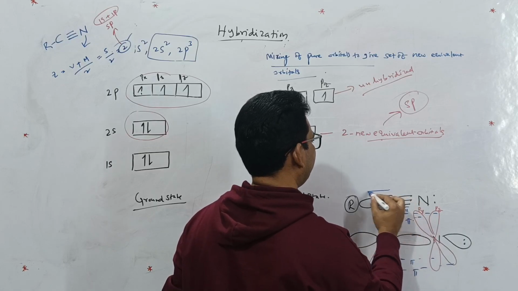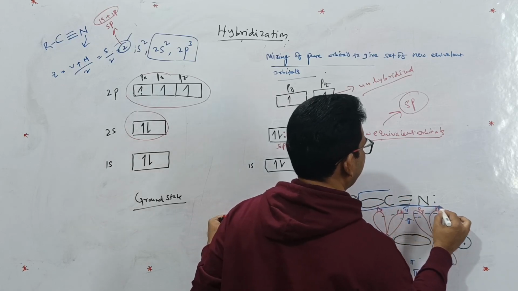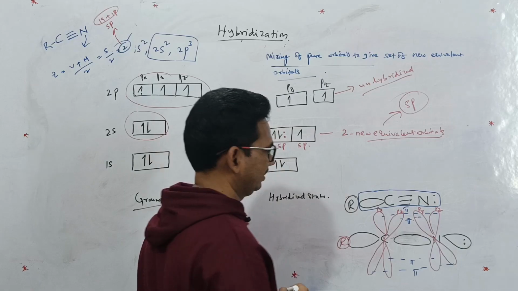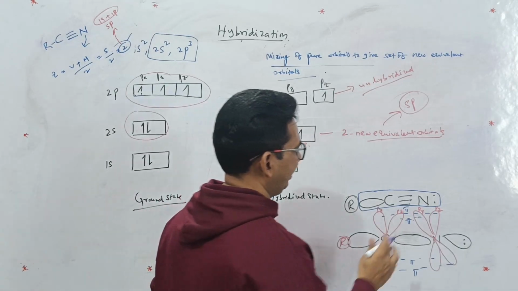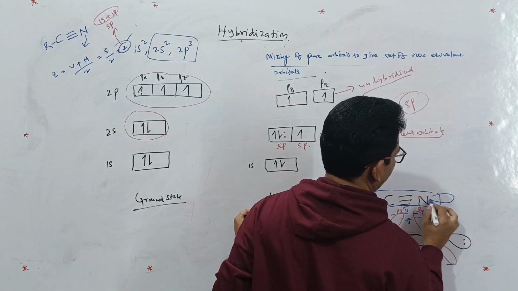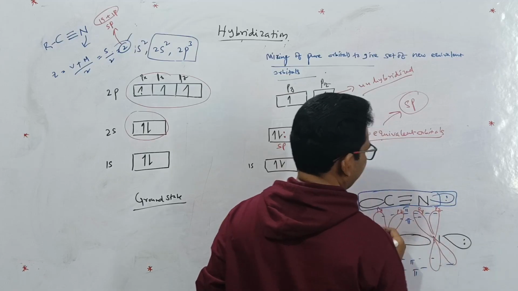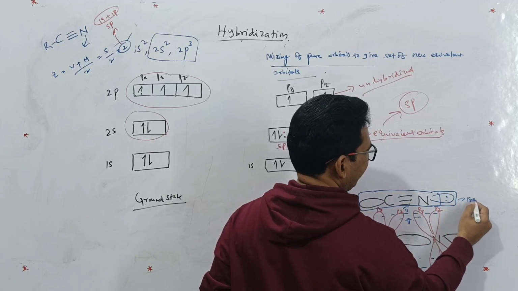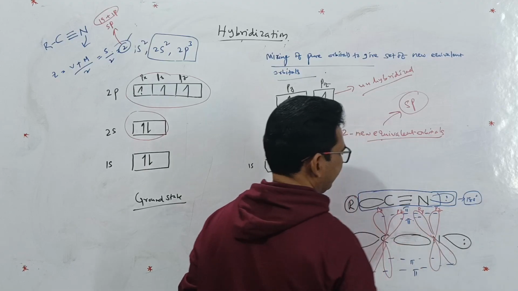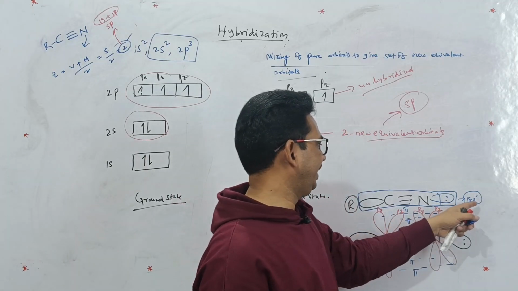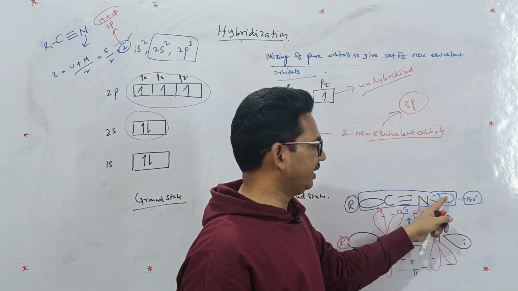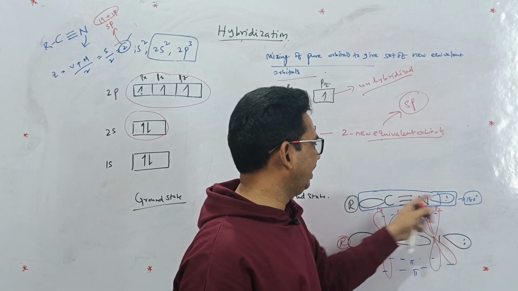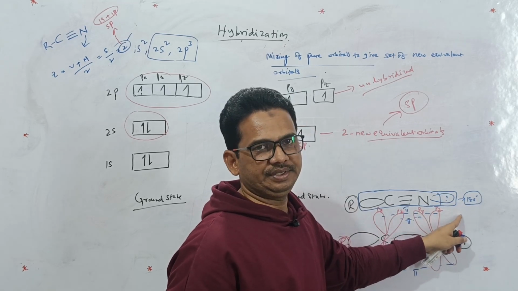You can draw the geometry of this one. They are linear structures. To this also you can draw linear. Linear means what angle will they have? 180 degrees. But it won't remain 180; because of the pair of electrons that are there pushing, it will reduce a little bit.